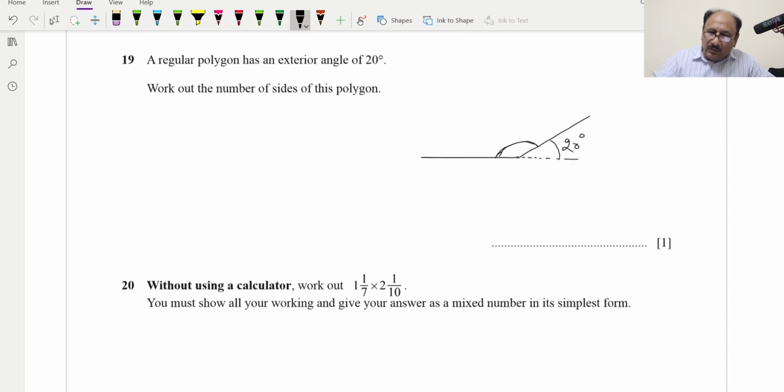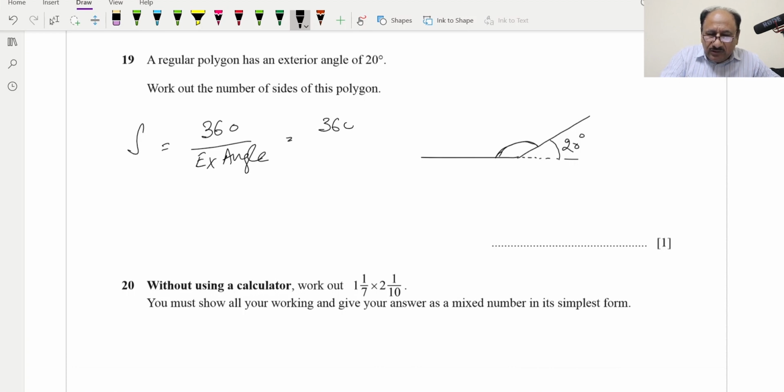We need to work out the number of sides. The formula is: number of sides is equal to 360 divided by the exterior angle.